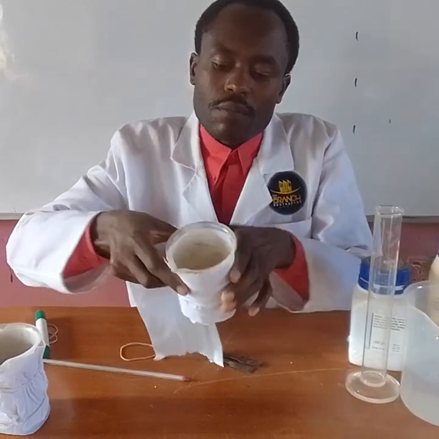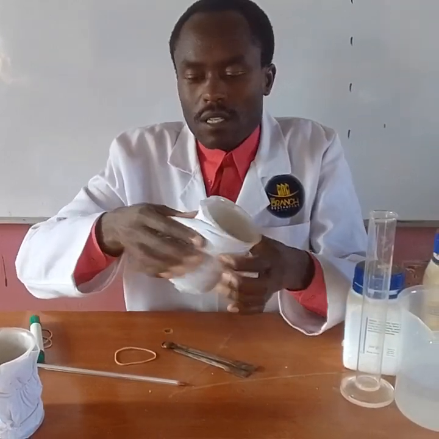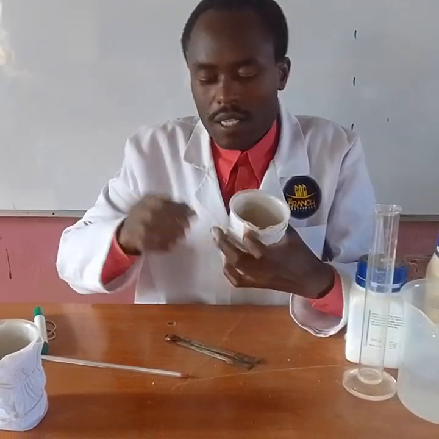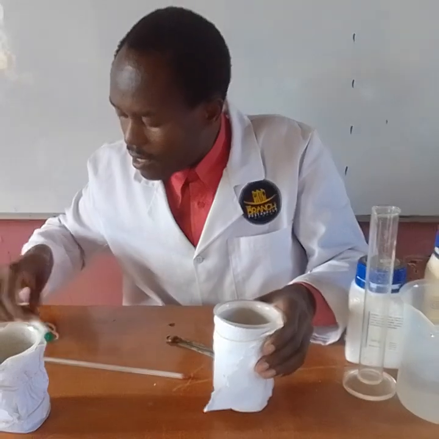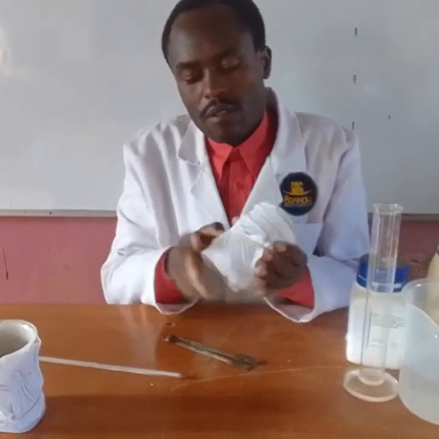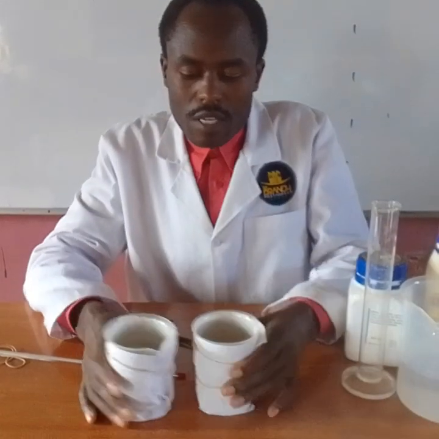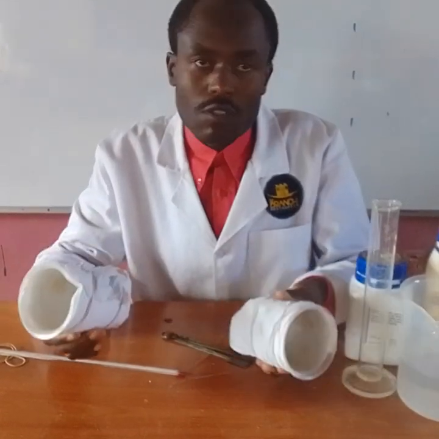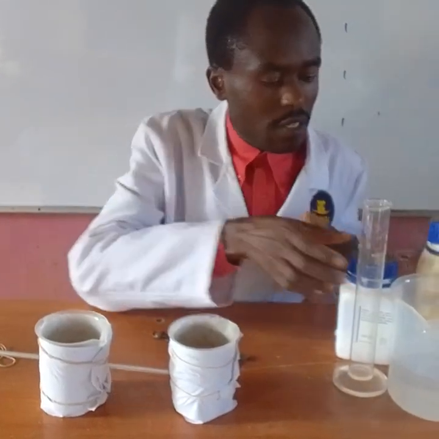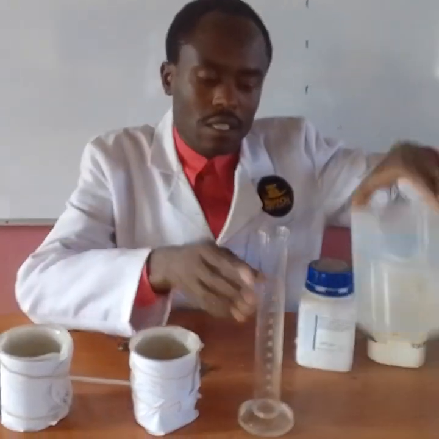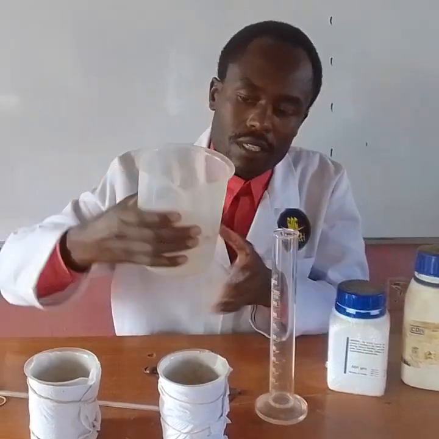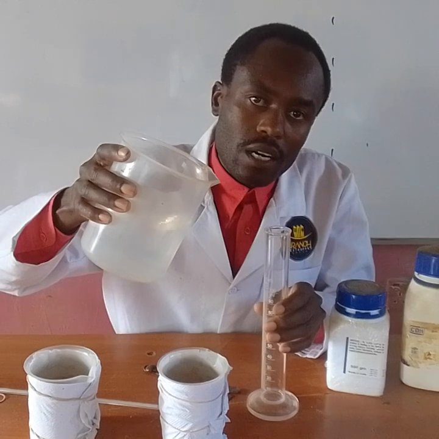Hope you are following the procedure, my students. I also secure it with a rubber band; at least two rubber bands are enough. So I have secured them with that piece of tissue paper. Then I have now to measure, using a measuring cylinder, 100 ml of distilled water like this into each beaker.